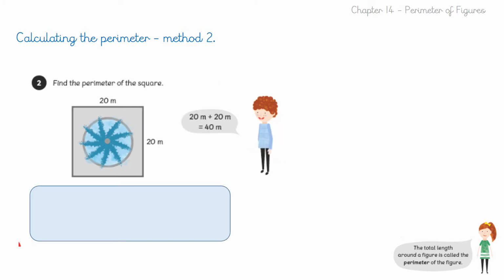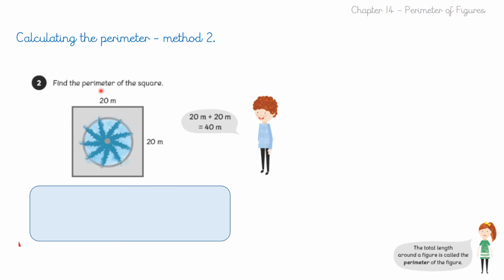Now we're going to look at method 2. Look at the picture here. What do you think my friend has done? Correct! My friend worked out the length of 2 of the sides. Then he looked carefully at the shape and knew that the other sides were going to be the same length. So he did 20 meters plus 20 meters equals 40 meters.